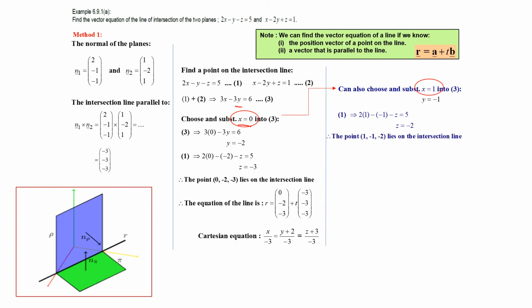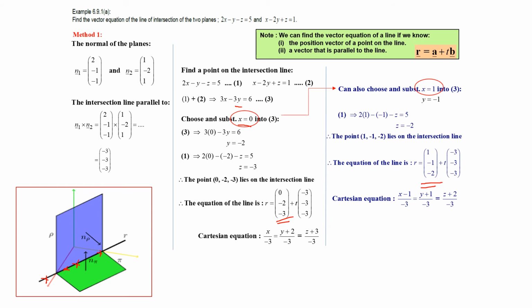So this is the point that lies on the line, and your vector equation will be as shown. Now compare these two. If we use a different position vector, we will write out the equation with a different point. All you must know is that there are infinite numbers of points, depending on which point you take.